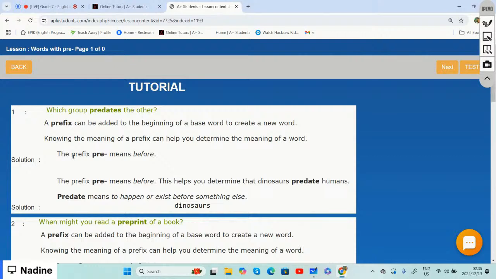All right. So now we're going to look at a few words, not even a few words, just two or three words, and then we're going to our test. And this is where we're going to use the prefix, which is before. We have the word predate, and this helps to determine that dinosaurs predate.